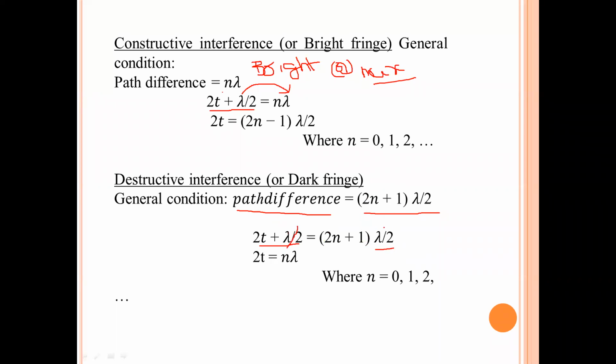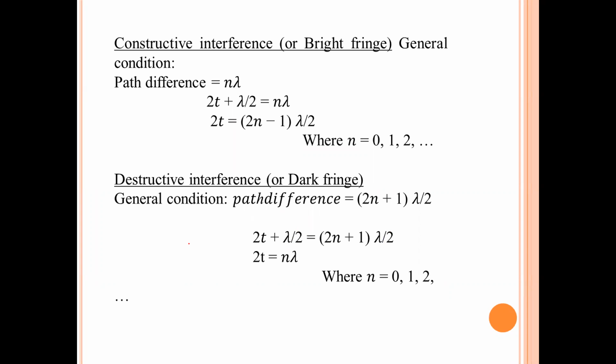So here the lambda by 2 terms cancel. Then finally we get 2t is equal to n lambda, where n is equal to 0, 1, 2, 3 and so on. So these are the conditions for obtaining dark and bright rings according to the Newton's rings experiment.